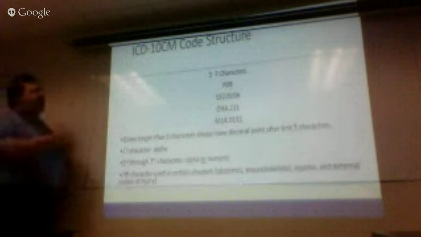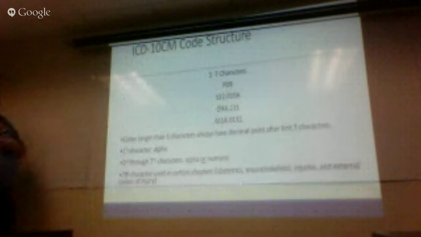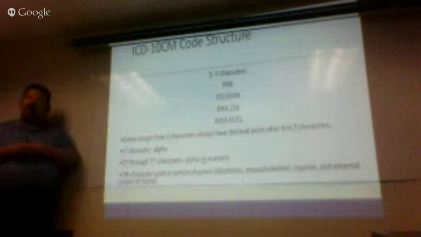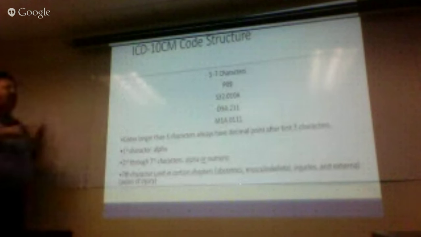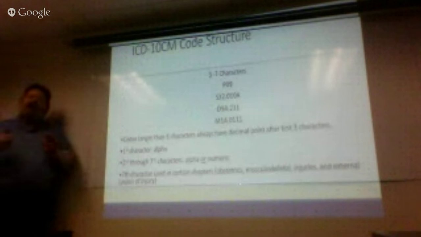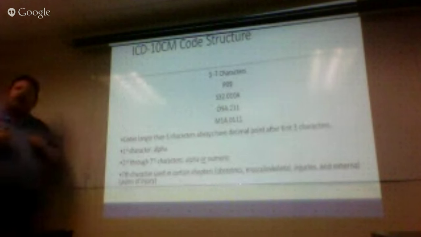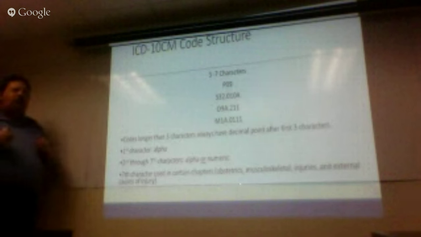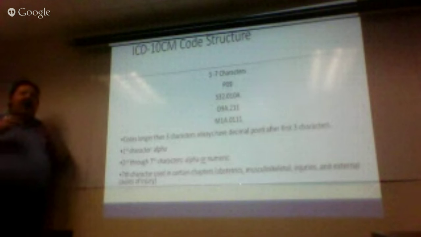Now, code structure. This is what an ICD-10 code looks like. P09, it's a 3-character code. Codes are either 3, 4, 5, 6, or 7 digits or characters in length. The only way you can tell if they are valid is if you get in a book or a reference source and look.